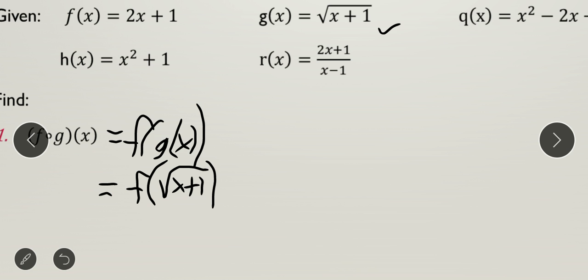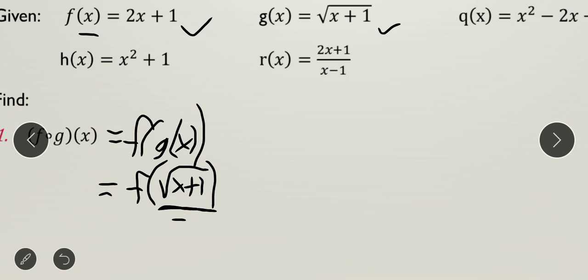Now the argument here is a function which is a radical function. If you are going to relate that to our f function, take note that we have here f, we have here f. So therefore our x value here is equal to the radical function square root of x plus 1.